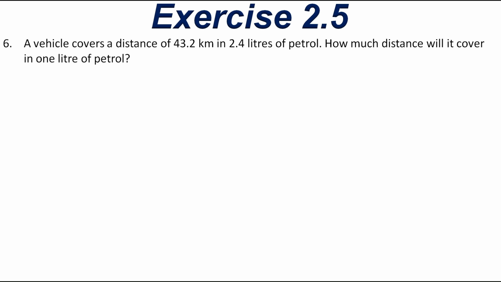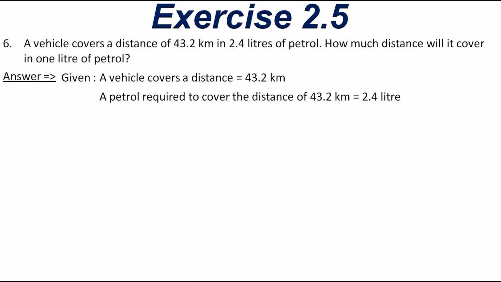Okay, so whenever we have to find about one thing, 1 liter of petrol, at that time we have to divide. So first of all we will write the given things. Given is a vehicle covers a distance of 43.2 km and it needed petrol of 2.4 liters. So we will divide 43.2 by 2.4.